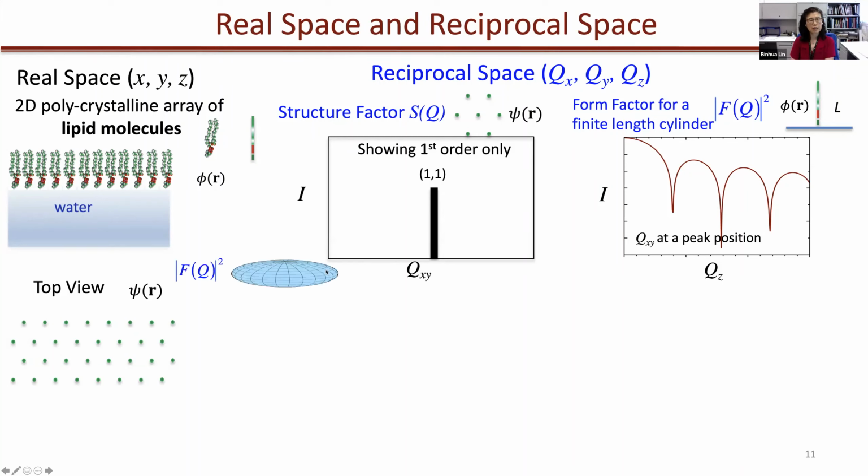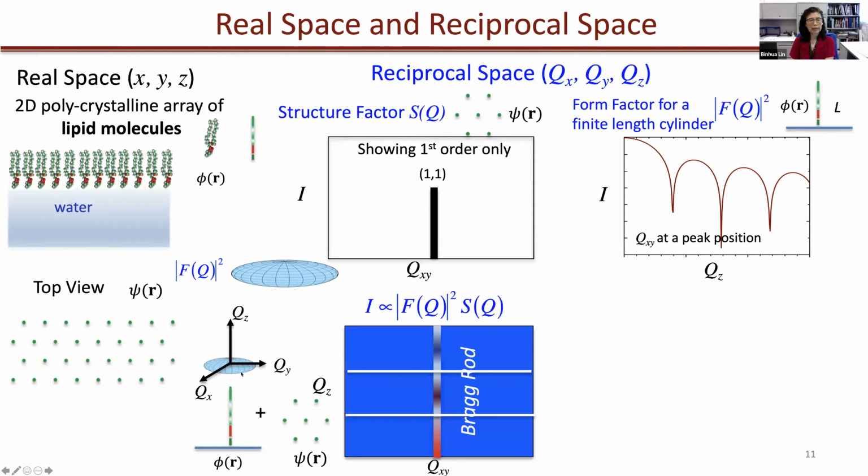In fact, you can think of this form factor in 3D as an oblate ellipsoid. In the QZ direction, it's a sinc function up to the first minimum here. And in QXY, it's a Bessel function, basically a disk. I ignored all the other oscillations.